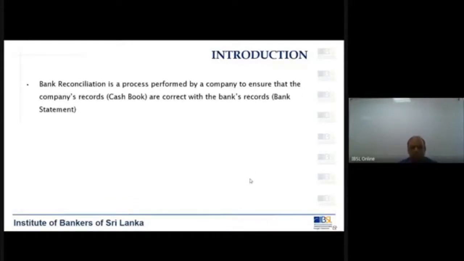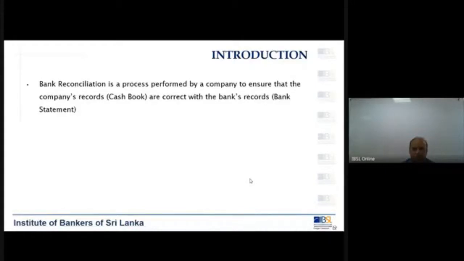Bank reconciliation is a process performed by a company to ensure that the company's records are correct with the bank's records. Now I told you just before this, starting this chapter, in the previous prime entry books question, I explained to you this. The cash book has a column which is called the bank column.